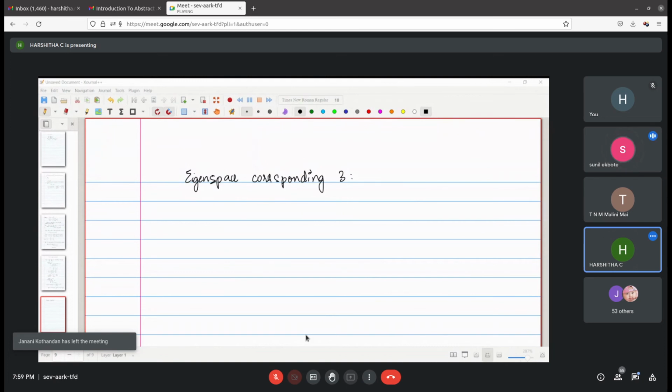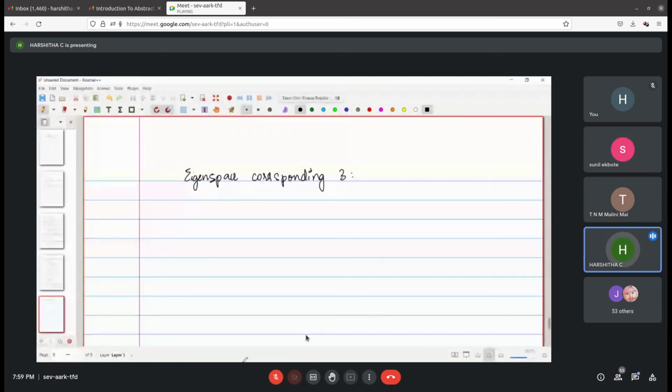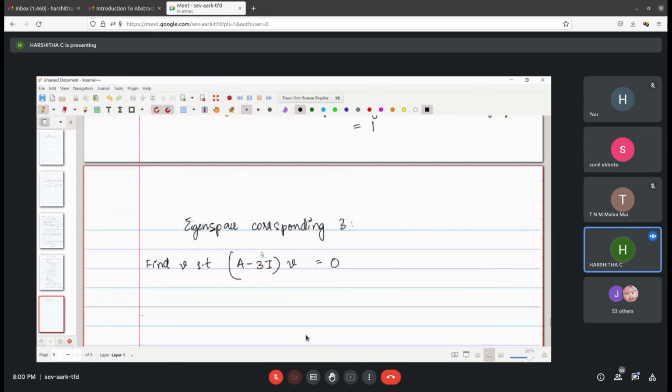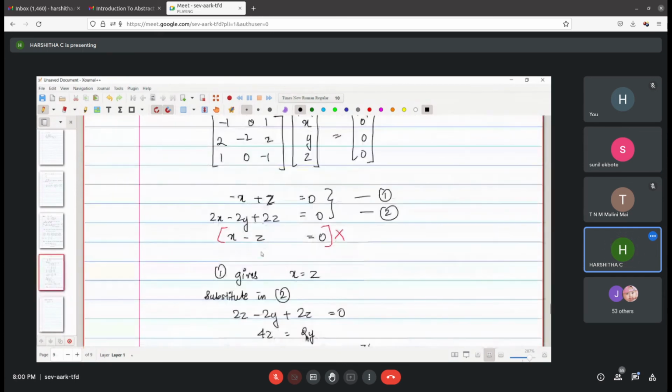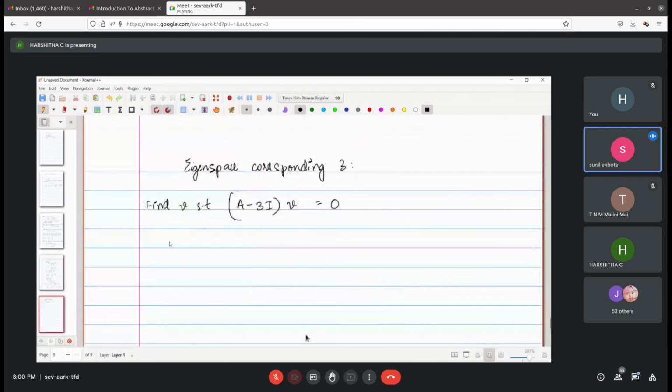Yes, we can do it. Okay, so again, it's the same thing. What do we have to find? We have to find all those vectors v such that A minus 3 times identity times v equal to 0. Then you write directly the vectors.